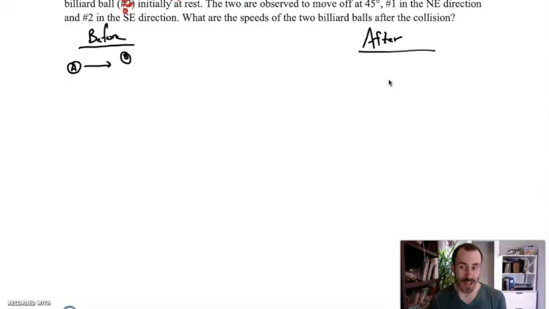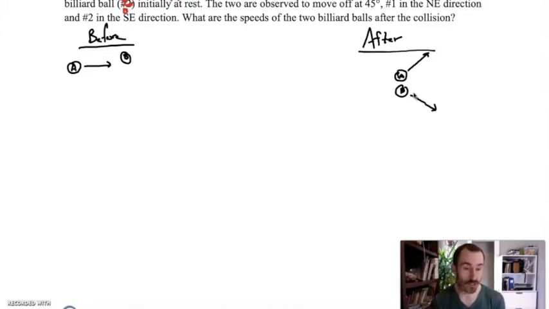So at the end, you've got ball A. Yeah, ball A is moving in the northeast direction, like that. And ball B is moving off in the southeast direction, like that.